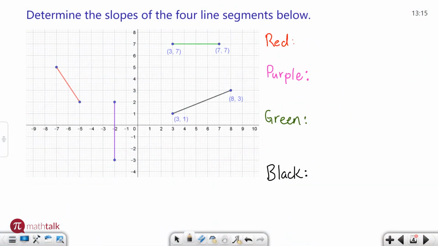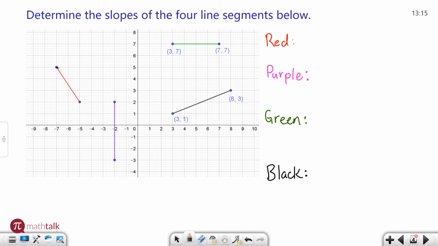All right, so we have 4 different line segments, different colors: red, purple, green, and black. And we're going to try and determine the slopes of those line segments using a visual method of rise over run. So the red one, let's look at that one first. I'm going to go ahead and go over to the red one. I'm going to start looking at it from left to right. So if I look at the point on the left, I need to figure out how far do I rise, go up or down.